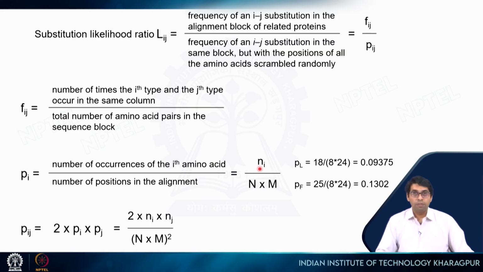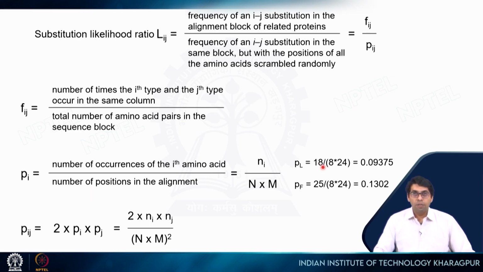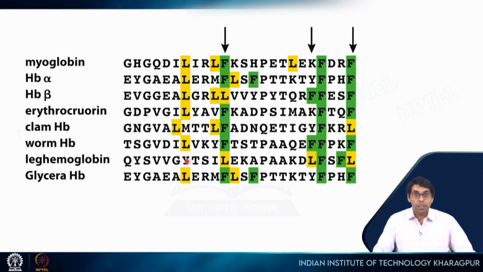So, let us look at the substitution of phenylalanine with leucine or leucine with phenylalanine. Let us calculate this first. PL is 18 divided by 8 times 24. So, there are 8 rows and 24 columns, so that is the total number of amino acids there. Okay. How many times does my leucine show up? If I count here, you will see it shows up 18 times.